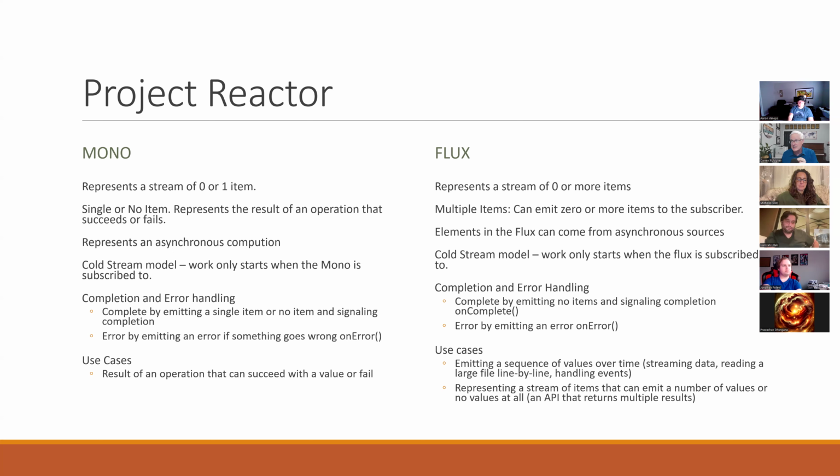It's asynchronous. So it's an asynchronous computation, which is important to remember. They use a cold stream model, meaning it only starts work when it's subscribed to. So if I'm subscribing to this Mono, it will only be starting its work when that happens. Okay.